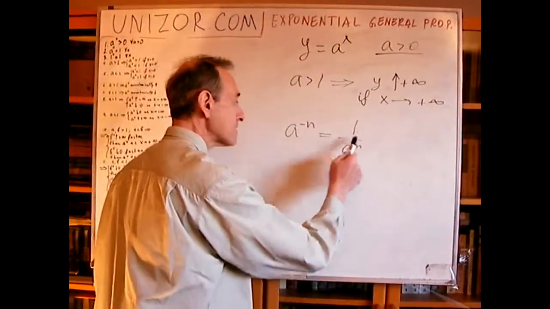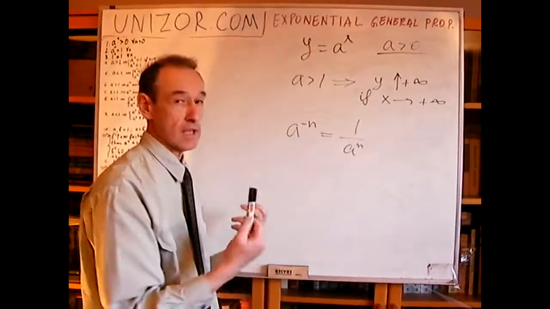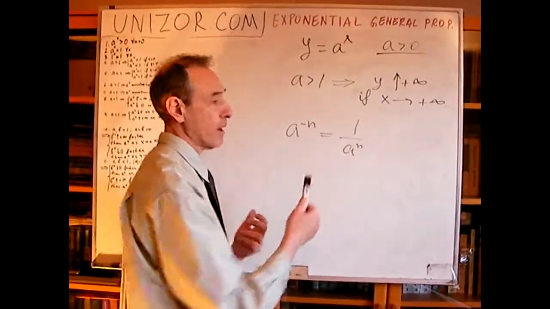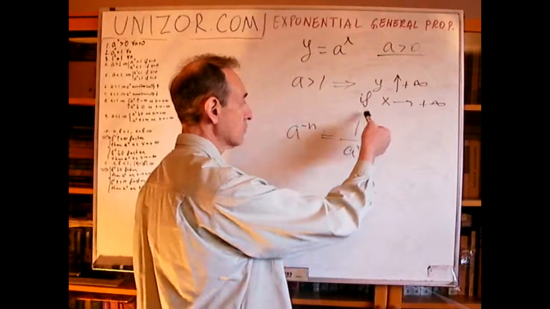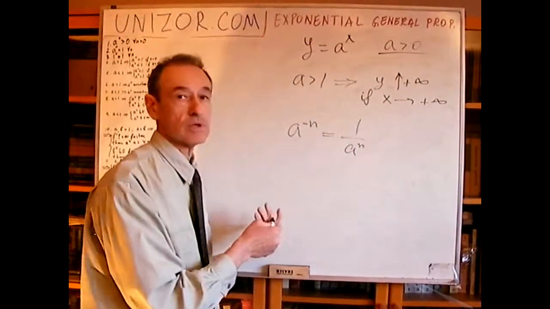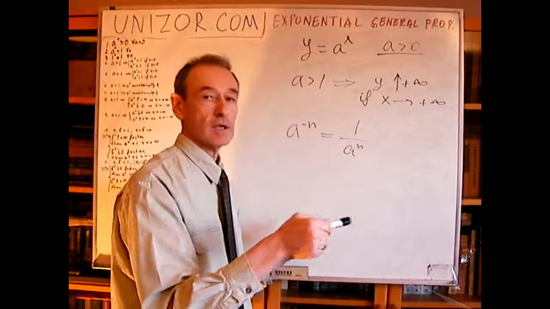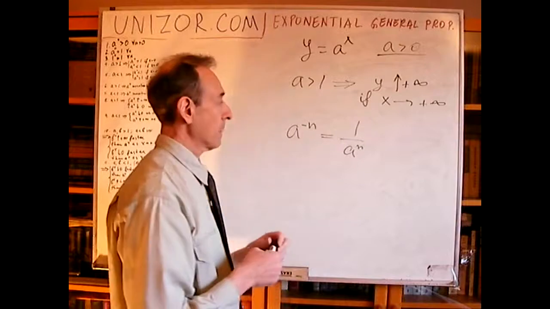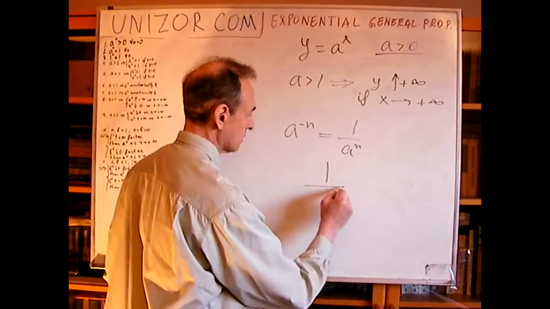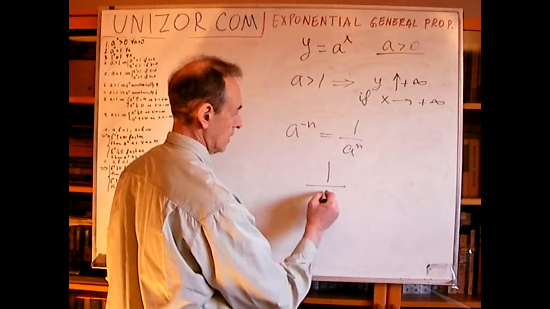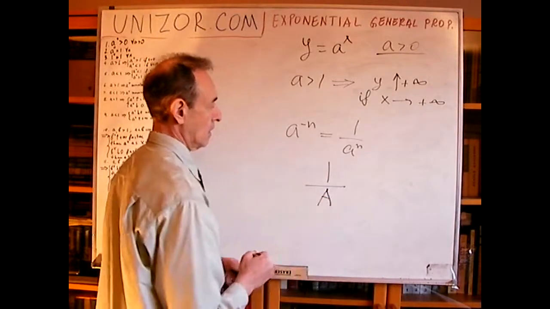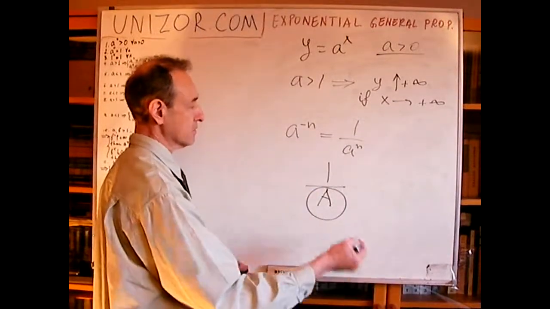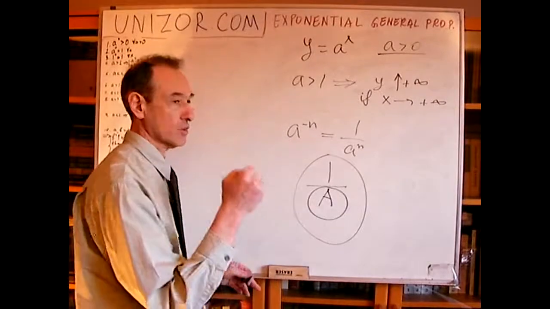So if a to the nth power, n is a natural number, goes to plus infinity, then 1 over a to the nth power goes to 0, right? 1 divided by a large denominator gives you a smaller fraction. And as soon as we understand that in this particular fraction the denominator goes to positive infinity, we see that the whole fraction goes to 0.